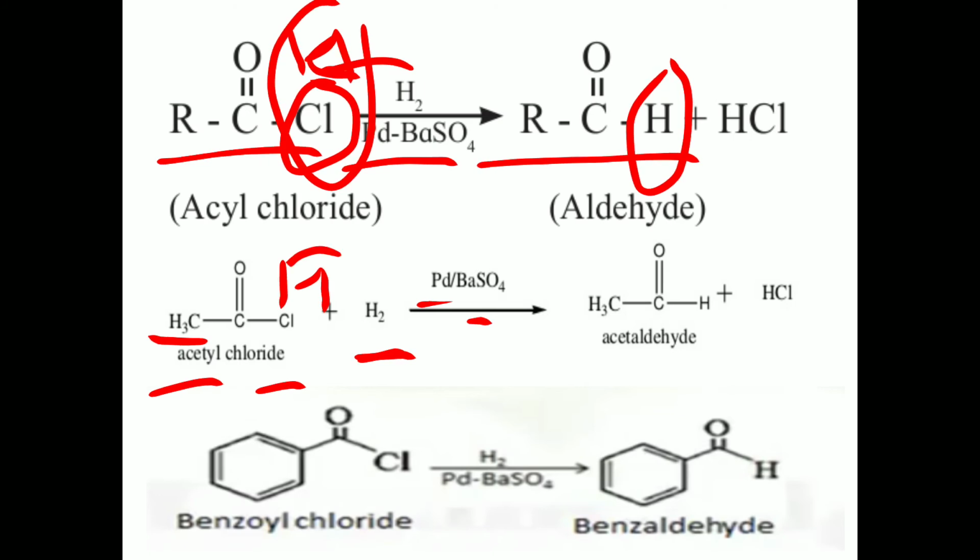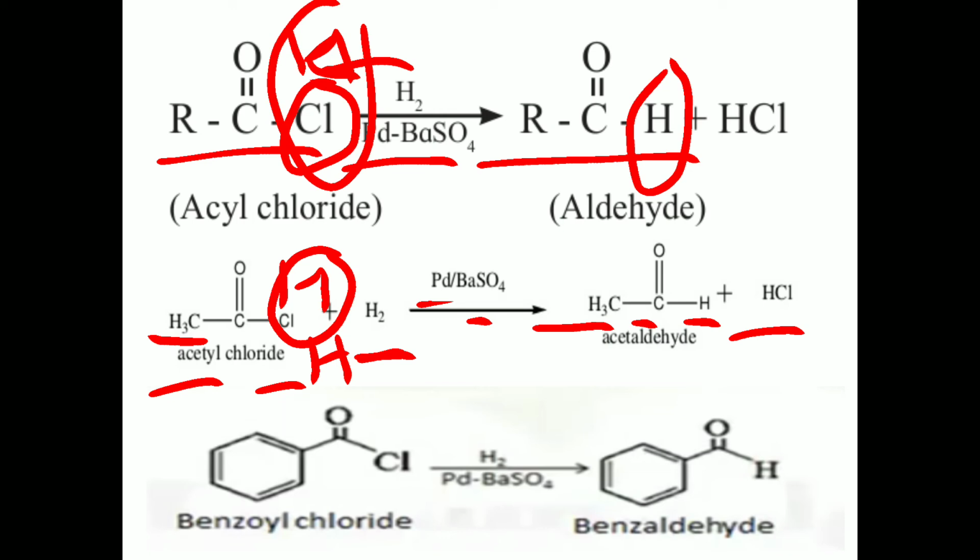One H reacts with this Cl, that means HCl is formed as a byproduct, and the second H is attached here, and there is the formation of CH3C double bond OH, that is acetaldehyde. Now this is the formation of an aliphatic aldehyde.